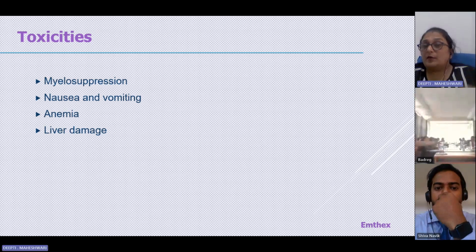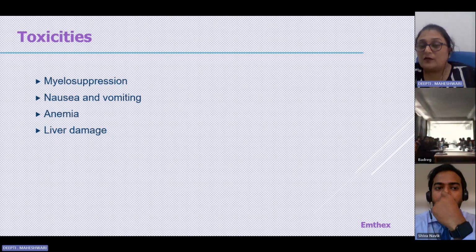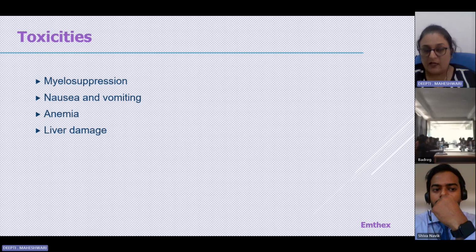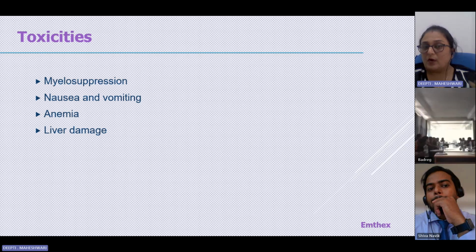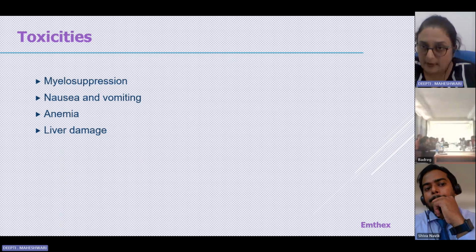But when chemotherapy is given to a patient, the chemotherapy cannot make out which are the cancer cells and which are the bone marrow cells. It will act on all the fast multiplying cells. So it will kill all the cancer cells, plus it will also kill the cells which are multiplying fast in the bone marrow. Those are the WBCs, RBCs, and platelets.